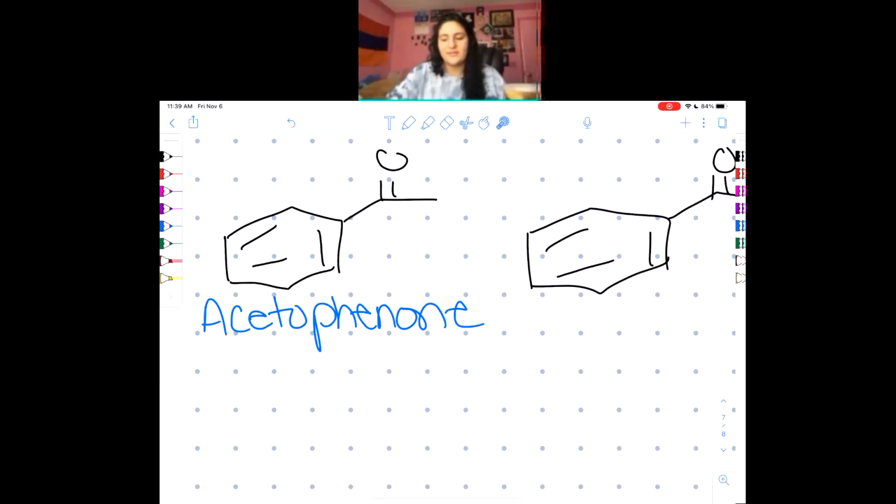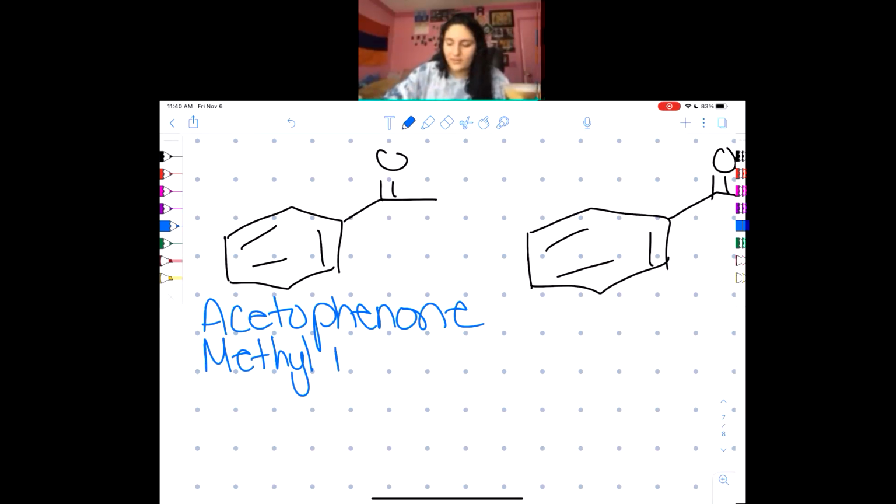That's where that comes from, because this is like an acetyl. We don't usually name ketones this way, just commonly, because it's not really the best way to name things. Technically it's the best way, but in practice we don't really like to use it because it sounds super complicated. But the most technically correct systematic name for this would be methyl phenyl ketone.